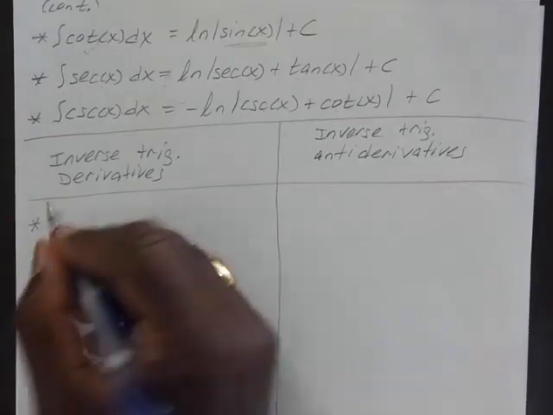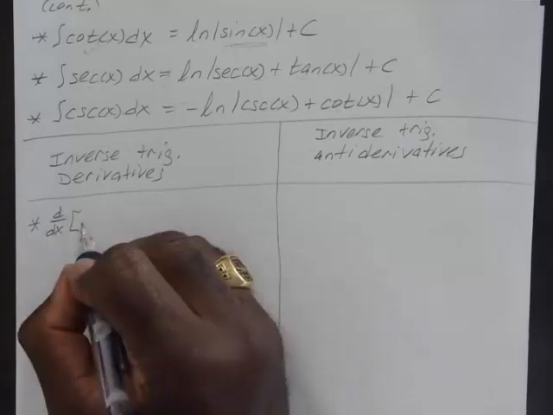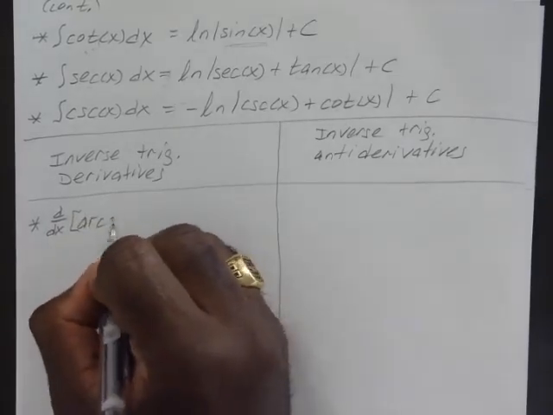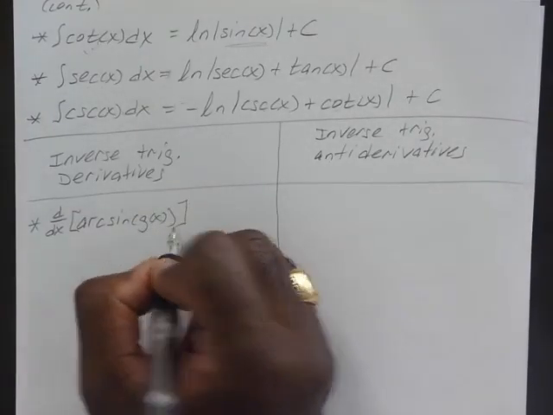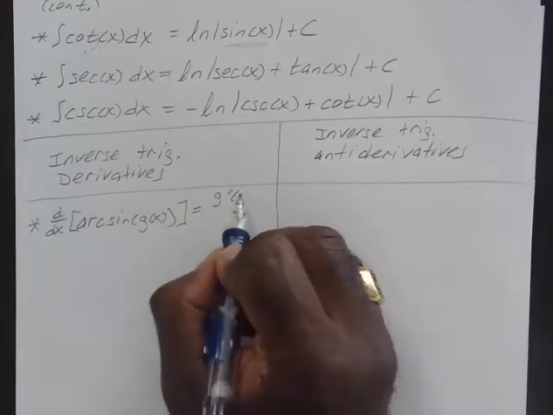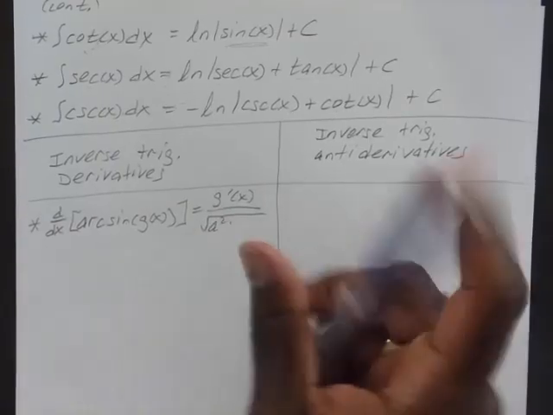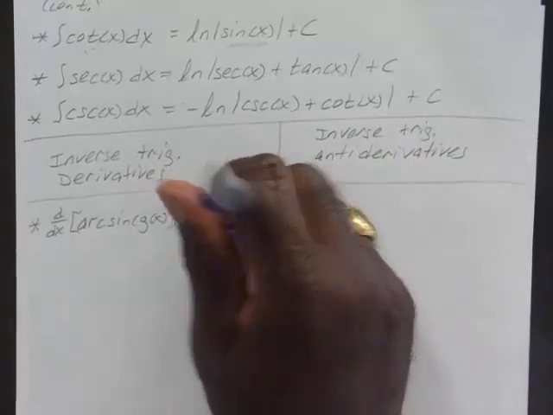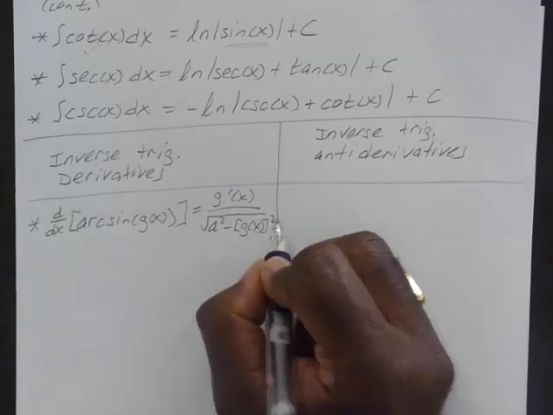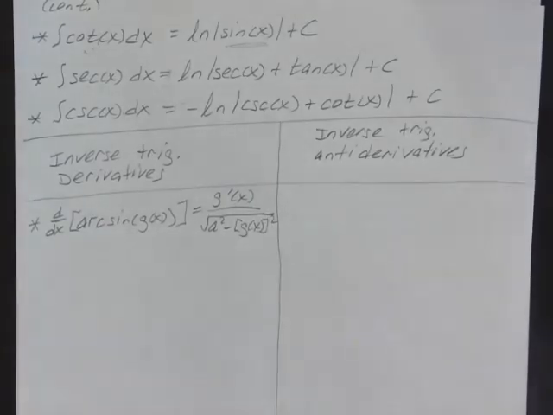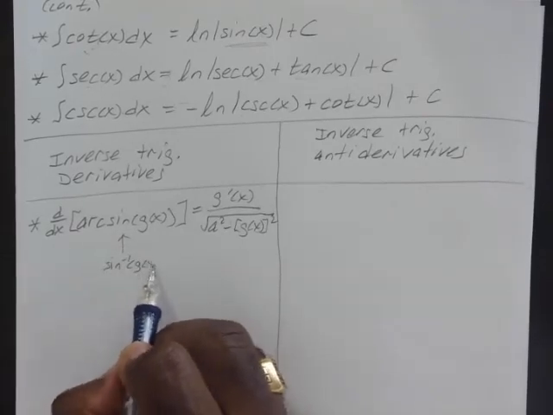Well, we know that the derivative with respect to x of sine inverse of g of x is equal to g prime of x divided by the square root of a squared minus g of x squared. And remember, arcsine is also sine inverse. Just another way to say it.